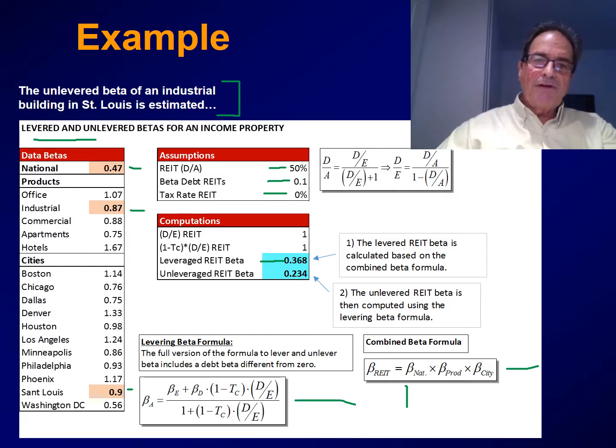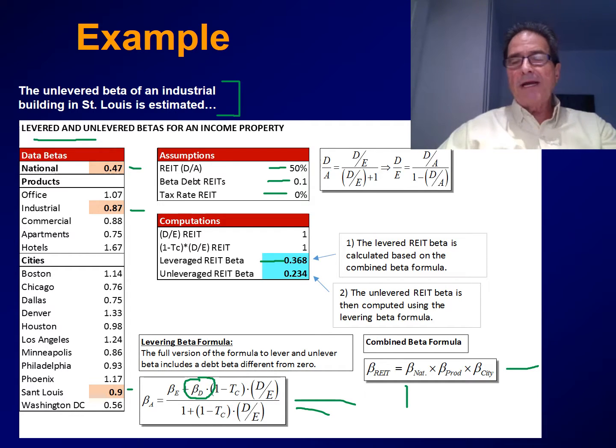Next step is to unlever this beta. To unlever the beta, we use the formula for levering and unlevering beta, the formula that we show at the bottom of this slide. Notice that this formula includes a beta for the debt. Usually when we lever and unlever betas, we ignore this. We assume that the beta of the debt is 0.